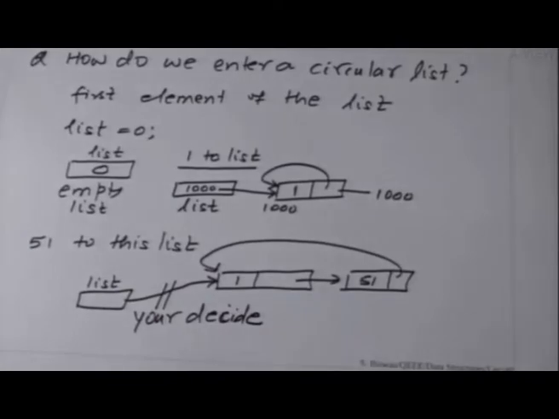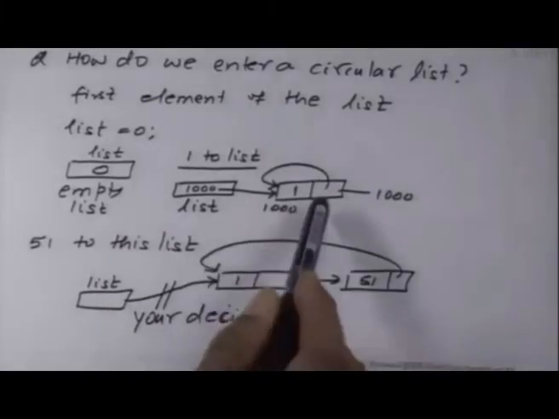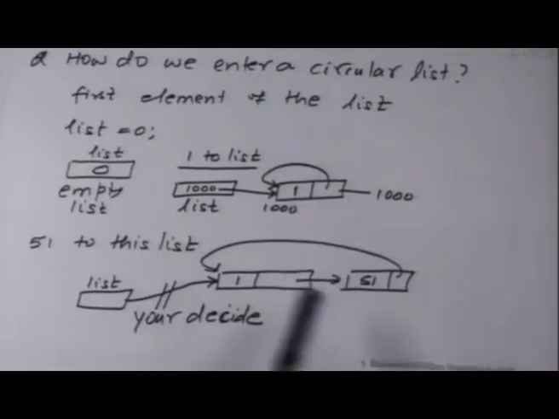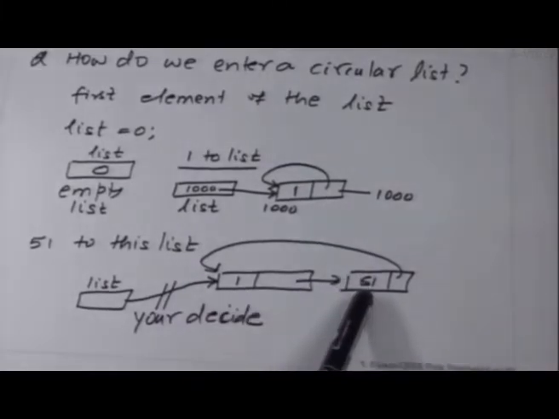Some people keep it to the first element, some people keep it to the last element of the list, which means the element which was just added the previous time. So the first element will always be 1. If you are changing to the last element, this will not change, but now the pointer will go to 51 and so on. You have to manipulate. You can't use both. It either points to the first element of the circular list or to the last.